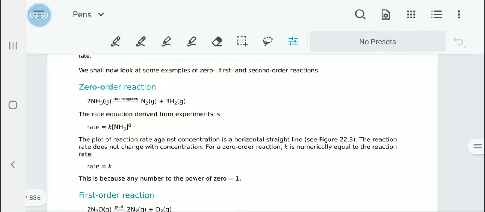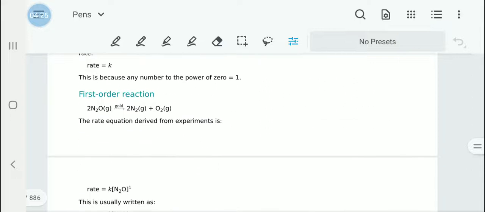That means the rate does not change with concentration. For a 0 order reaction, k is numerically equal to the reaction rate, so rate equals k, because the concentration has no effect on the rate. Any number to the power 0 is 1.